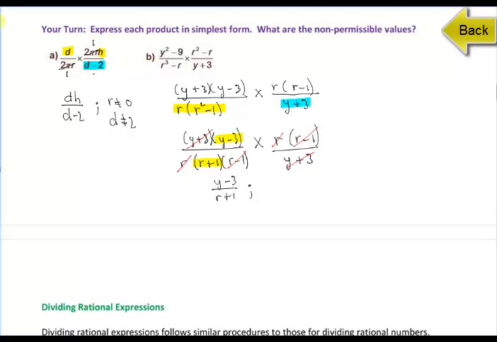And our non-permissible values, well, I'm going to go up to our denominators here and here, and I'll work out my non-permissibles. Okay, so on the left I have r times r squared minus 1. So I can see that r cannot be equal to 0. And I have r squared minus 1 over here.